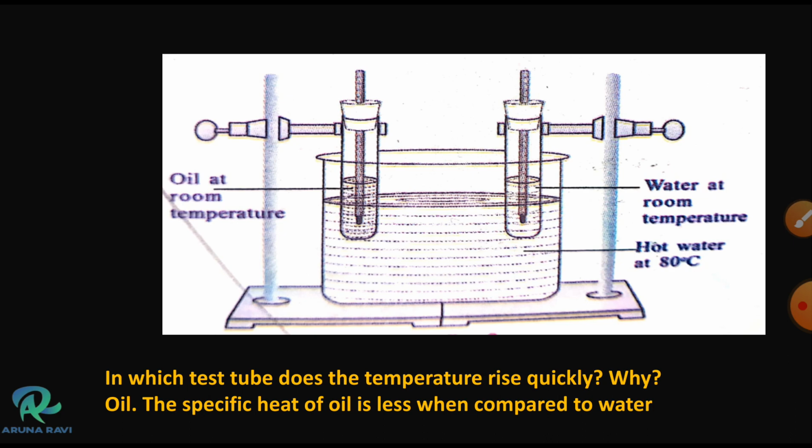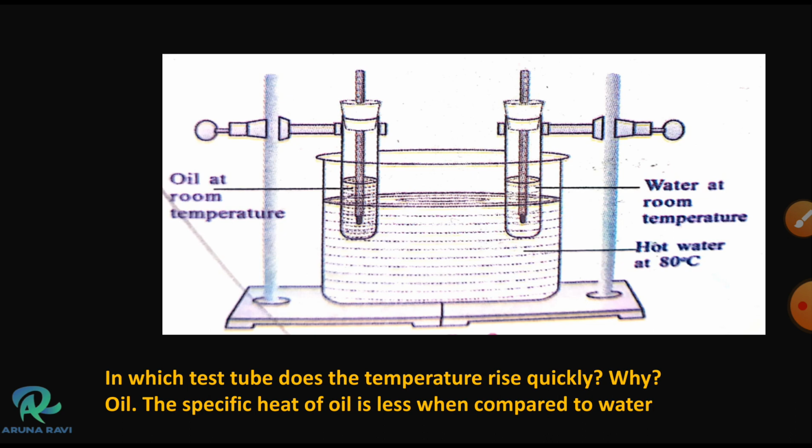And in this diagram we can see a tub of water at 80 degrees centigrade, that is hot water. In this, a test tube with oil at room temperature and a test tube with water at room temperature are kept, and the temperature rise is observed. In which test tube does the temperature rise quickly? Why?